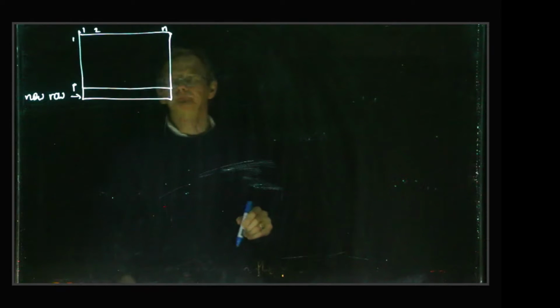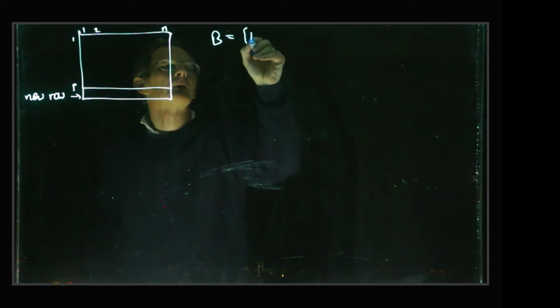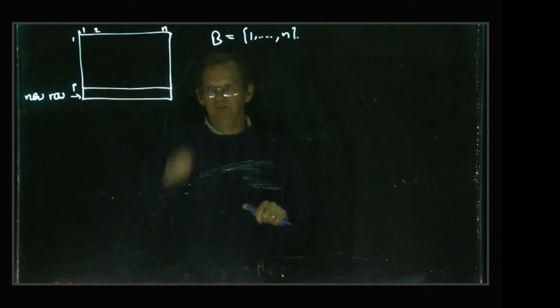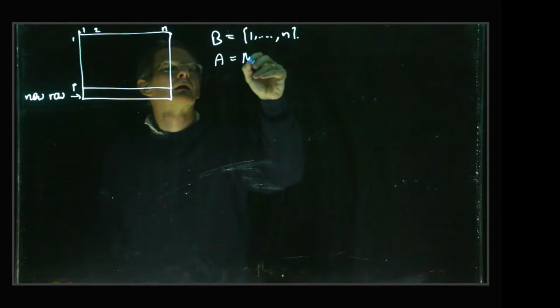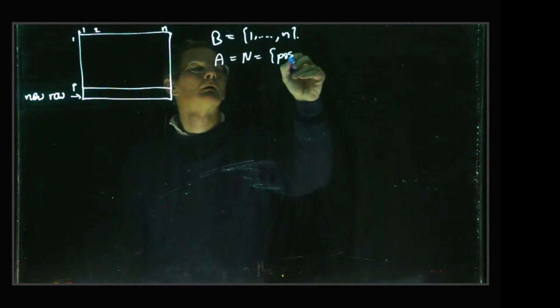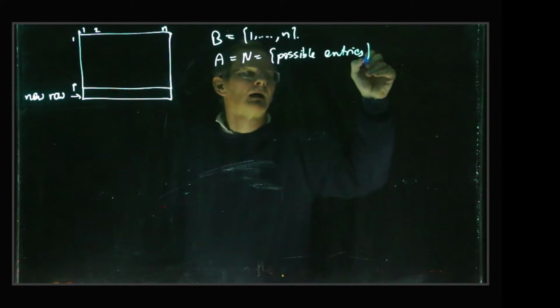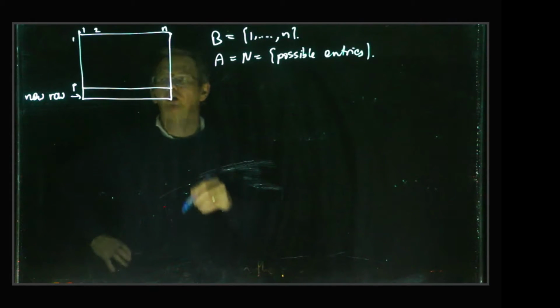We're going to take B to be just the set 1 up to n, and A is whatever set we're taking the values going in the table from.